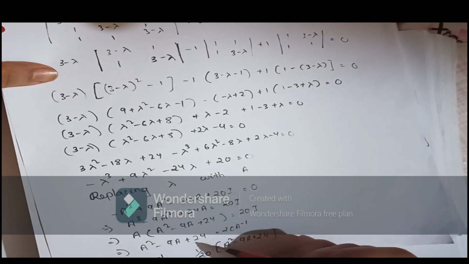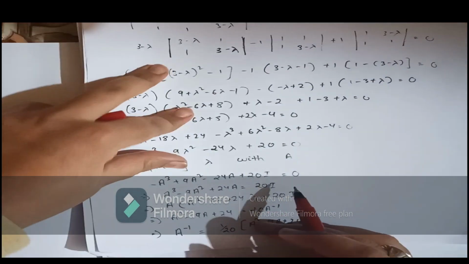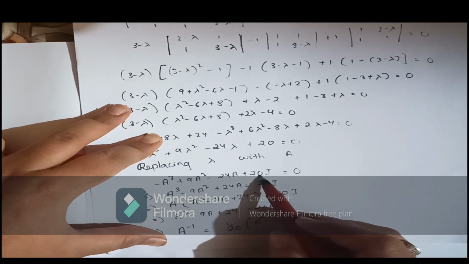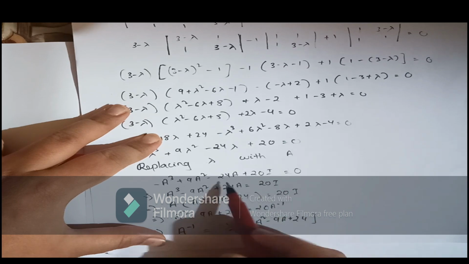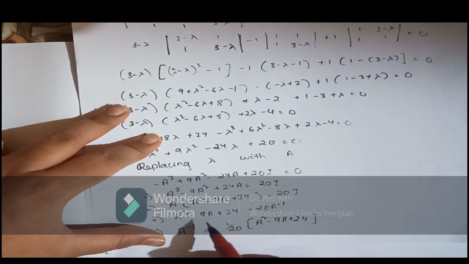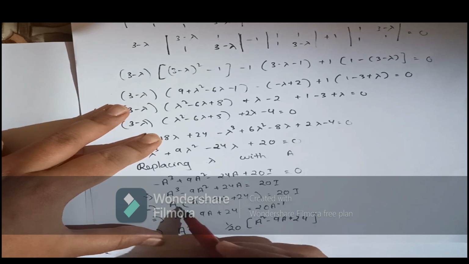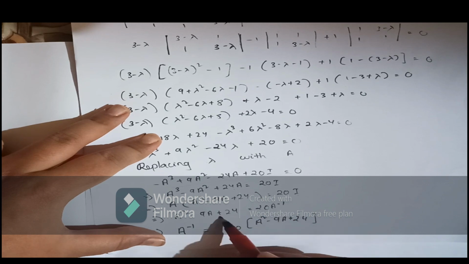So how do we find the inverse? As I told you before also, while finding out the inverse you have to keep the identity matrix on one side. So I just wrote here 20I, and the others I moved to the other side. So here we can find a common A. I took out A common, then I shifted it to that side. So 20 A inverse is equal to this much.